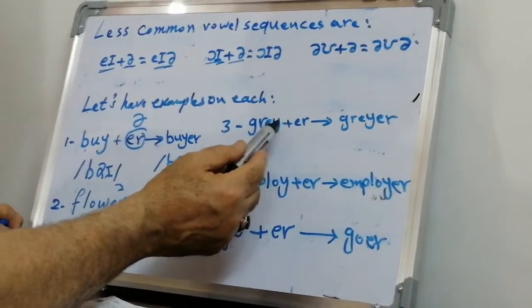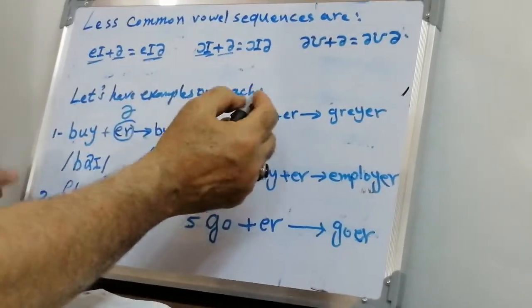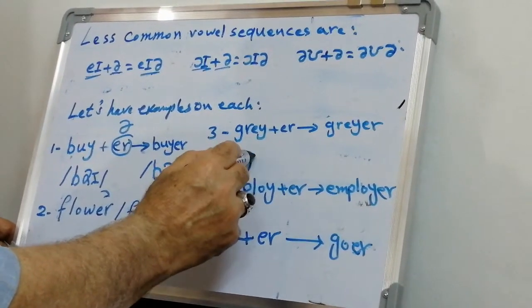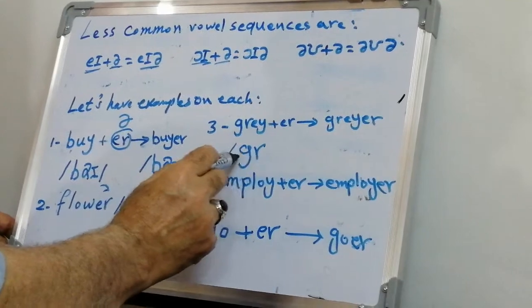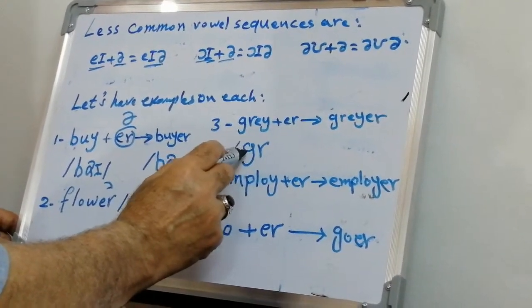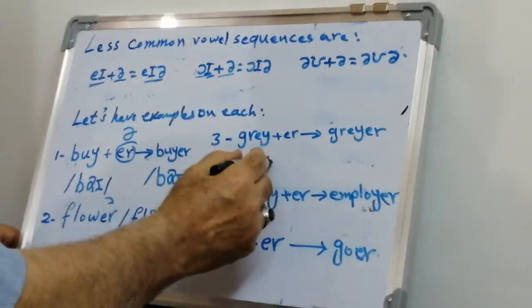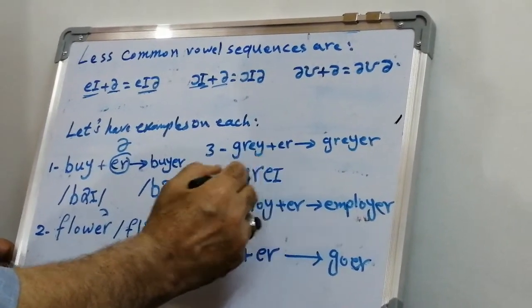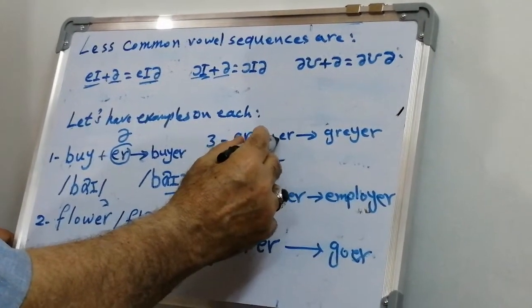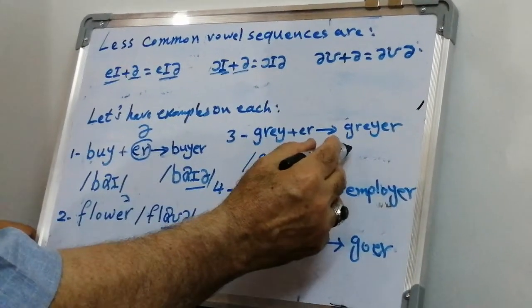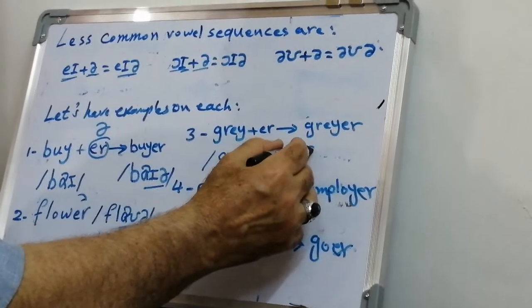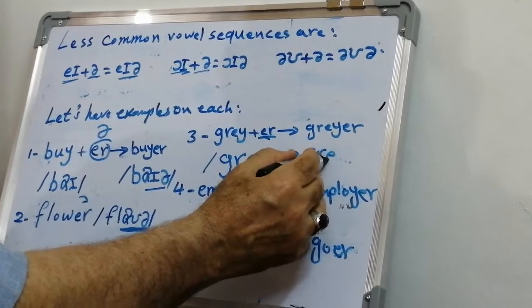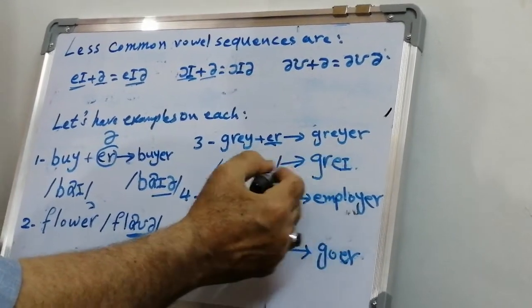"Gray" plus "er" becomes "grayer". So "gray" is transcribed with a consonant sequence, "g" and "r", followed by the diphthong. After the addition of "er", it becomes "grayer".